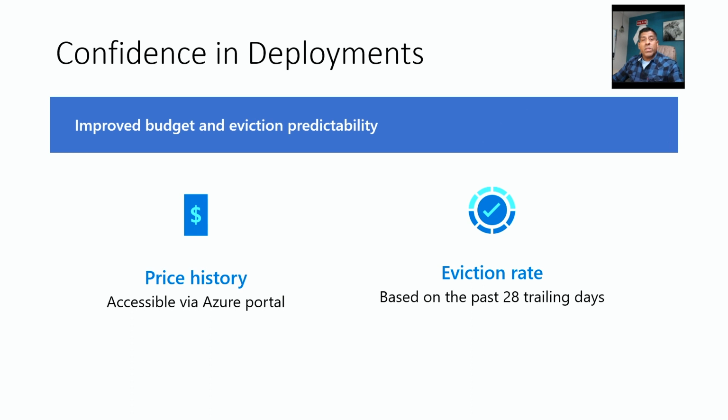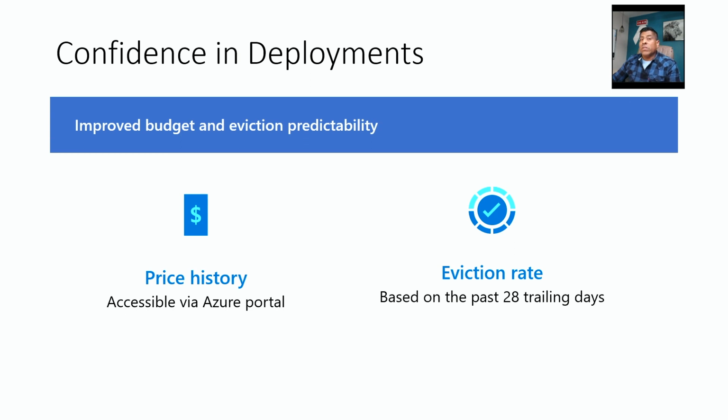Some are 20%, some are 5%. So if you have a family that the eviction rate is 20%, and you can use another family that the eviction rate is 5%, then you should go for the 5% just because it's less likely that you will be evicted based on the historic data.